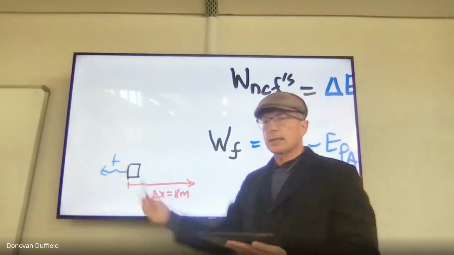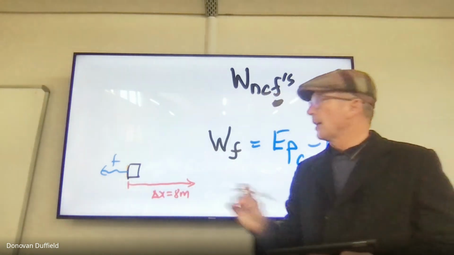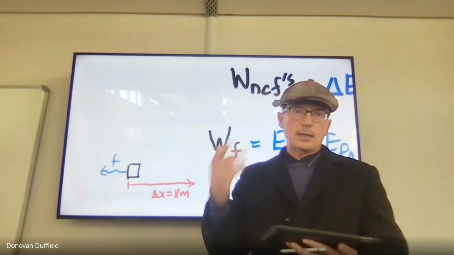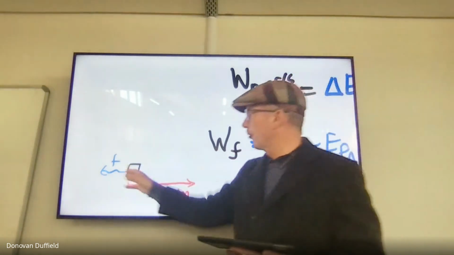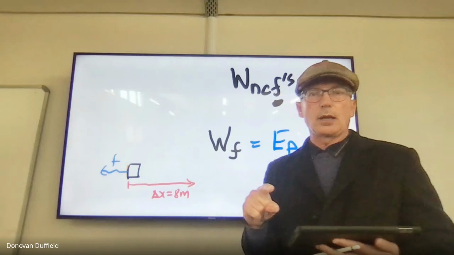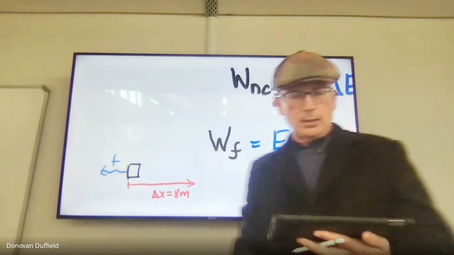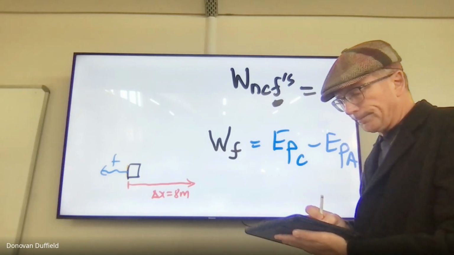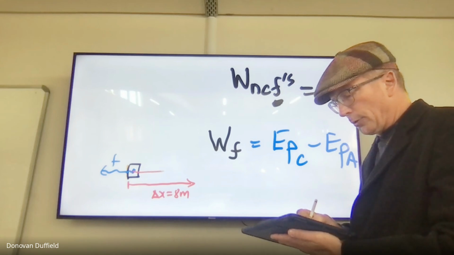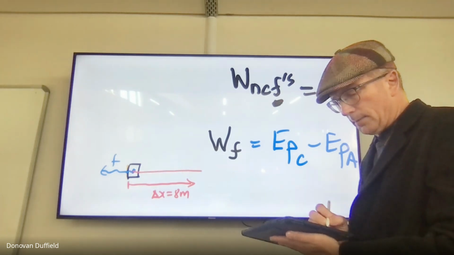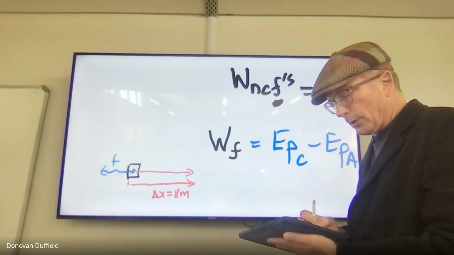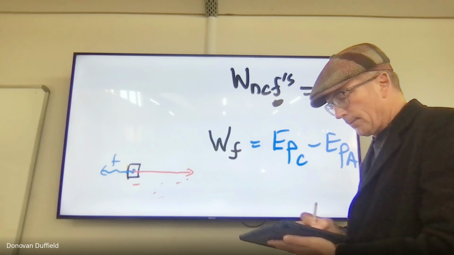Now, these are not the same type of vectors, okay? There's a very special product that is occurring here, and that's a scalar dot product, which takes two different vectors, multiplies them together to give you a scalar quantity, which in this case is work. So I'm just going to redraw this because this might confuse.